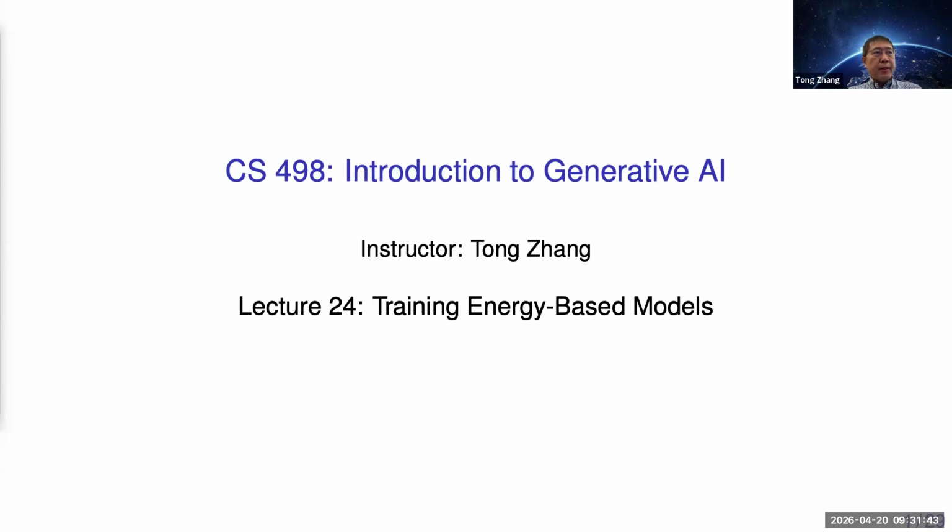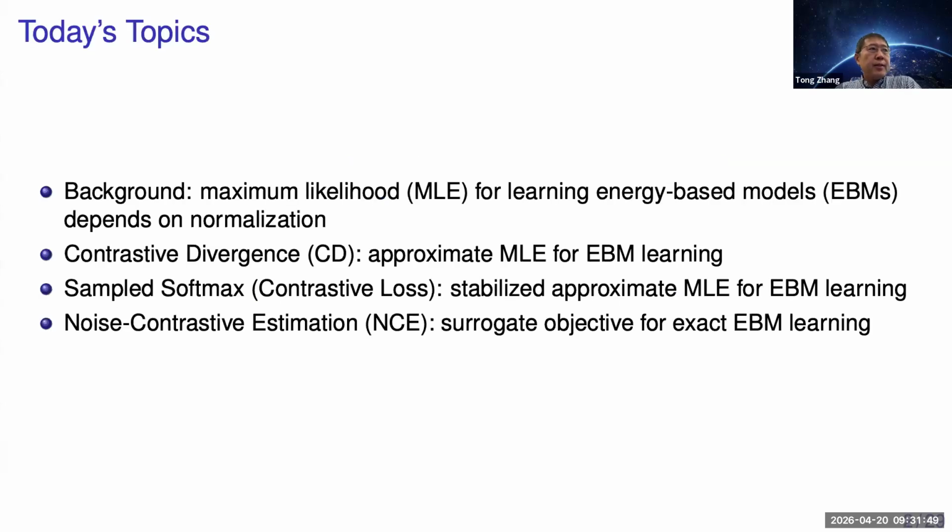Because energy-based models are probability models, we can use maximum likelihood estimation for training. The other form is the negative log likelihood loss, so you can either maximize likelihood or minimize negative log likelihood. In earlier classes, we talked about softmax with logit, which is basically the maximum likelihood estimate for multi-class classification.